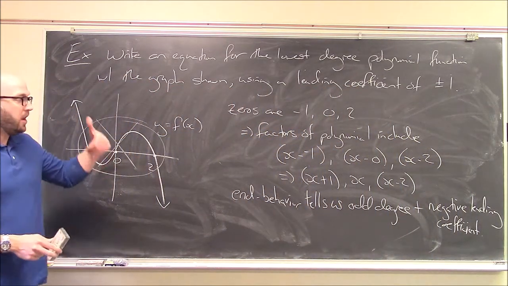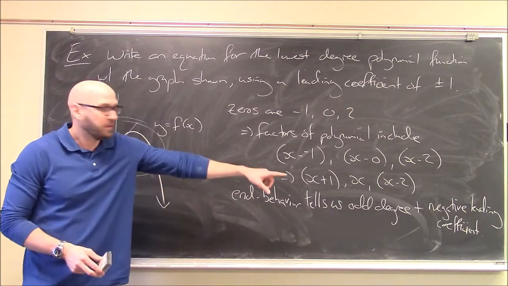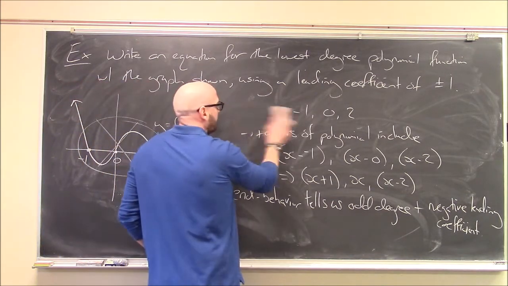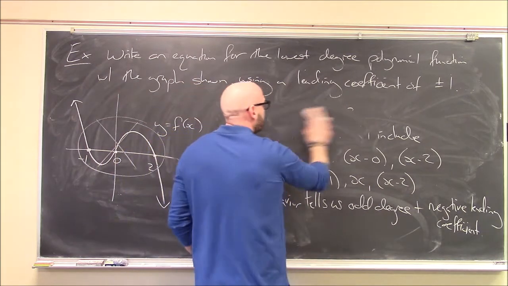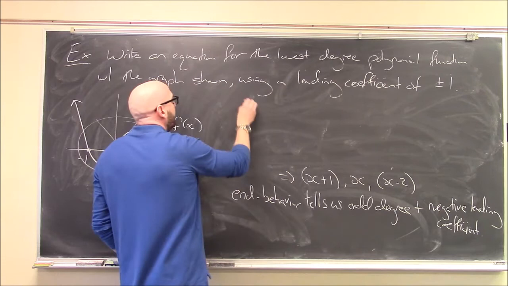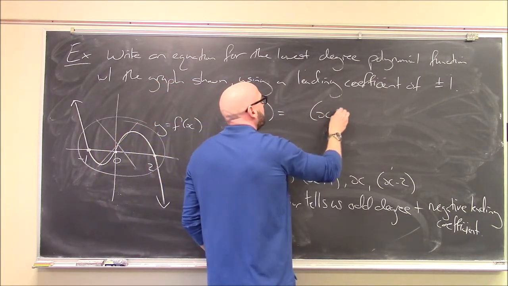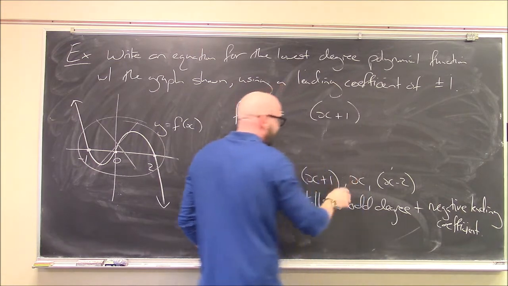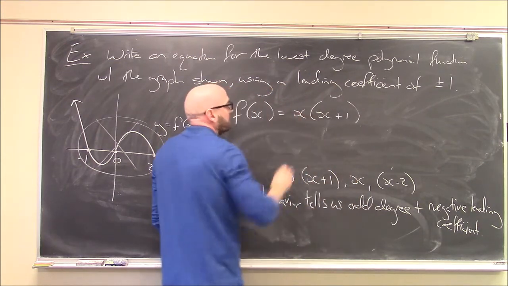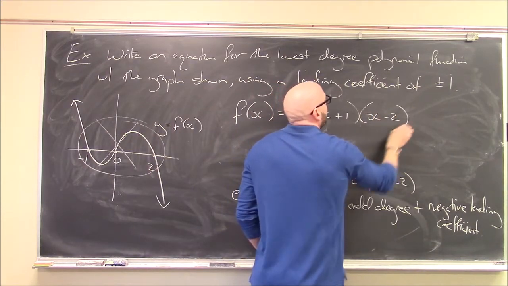So how do I get an odd degree polynomial with negative leading coefficient and all of these zeros? Well, just multiply them all together. So I'm just about out of space, but all I want to do here is take f of x equal to x plus 1. Let's write the x in front. It'll look nicer. x times x plus 1 times x minus 2.